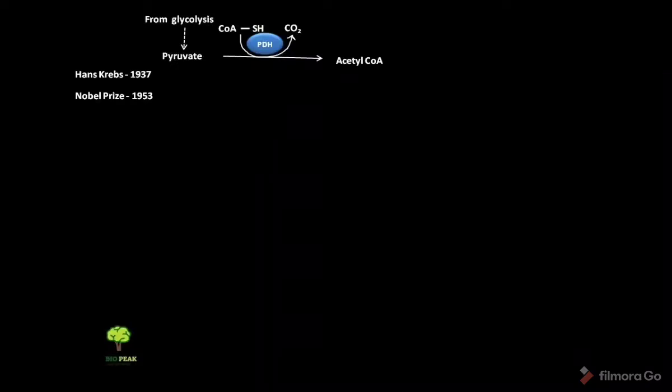In this reaction, the NAD plus forms a NADH. This reaction is also called the intermediate step in aerobic respiration. The beta oxidation of fatty acids also produces acetyl coenzyme A.